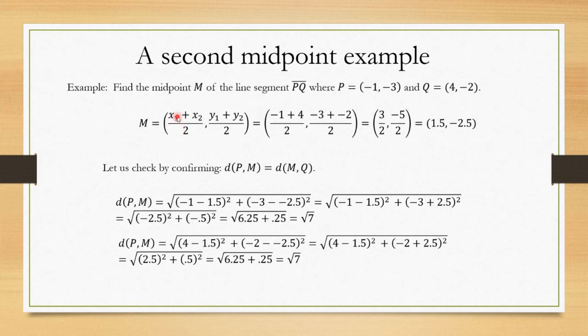We add the x coordinates of P and Q and divide by 2. We add the y coordinates of P and Q and divide by 2. So for this one, we have -1 plus 4 over 2. For the y coordinate, we have -3 plus -2 over 2. So here we have 3 over 2, -5 over 2, which is this.